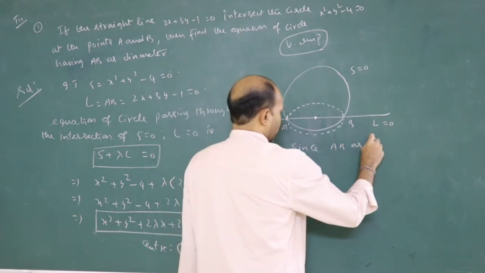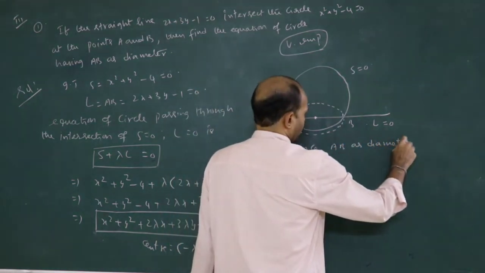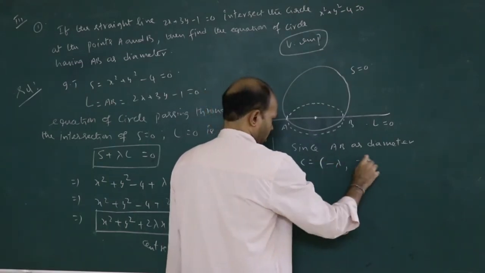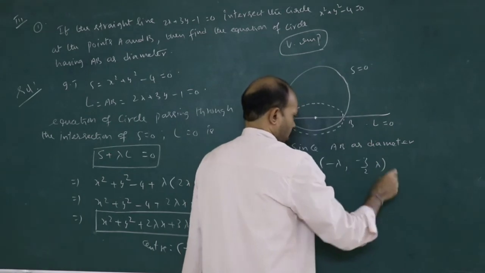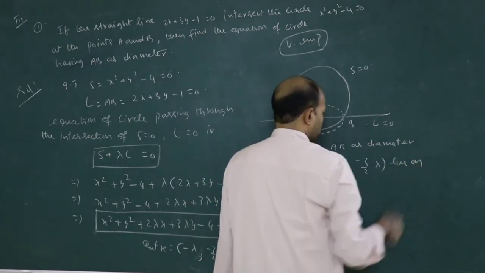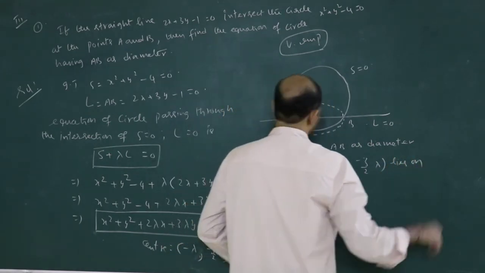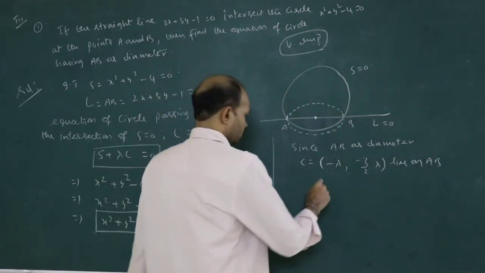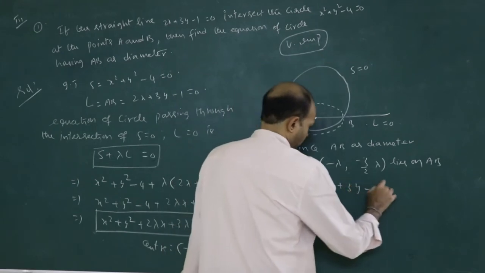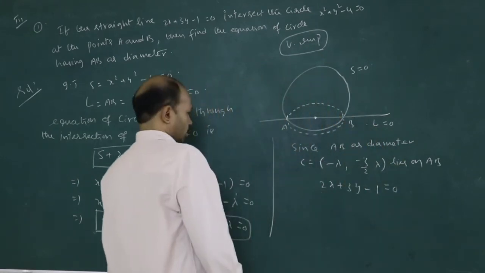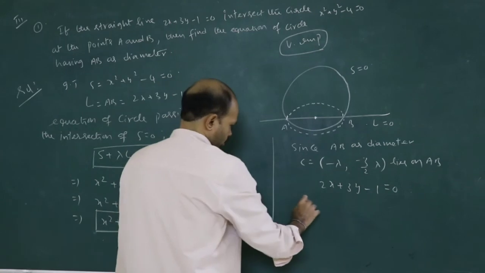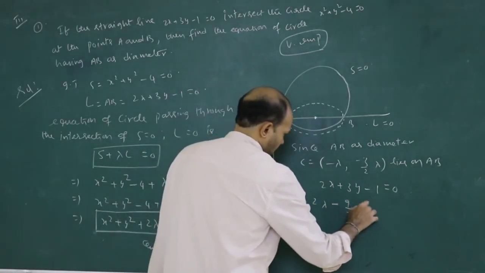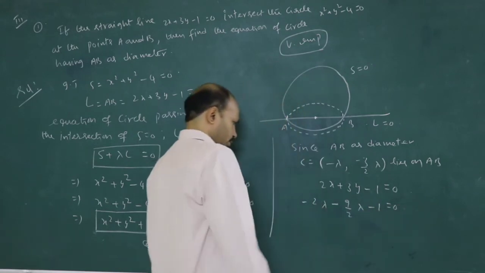Since AB is a diameter, the center C, (minus lambda, minus 3 by 2 lambda), lies on the line AB. What is the line AB? 2x plus 3y minus 1 is equal to 0. Apply x and y values: minus 2 lambda minus 9 by 2 lambda minus 1 is 0.